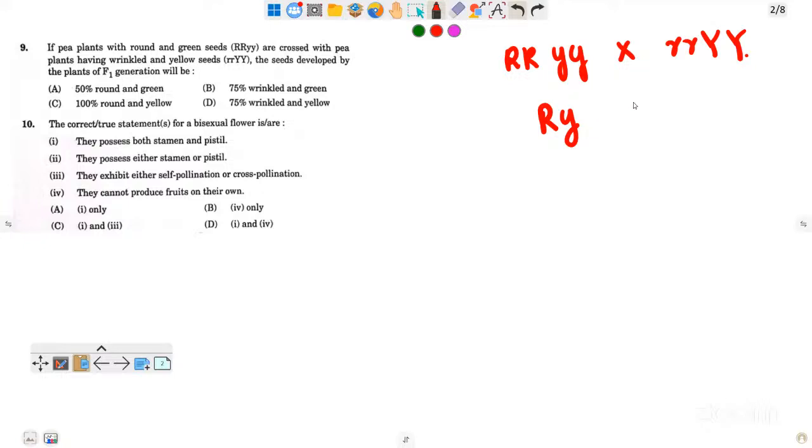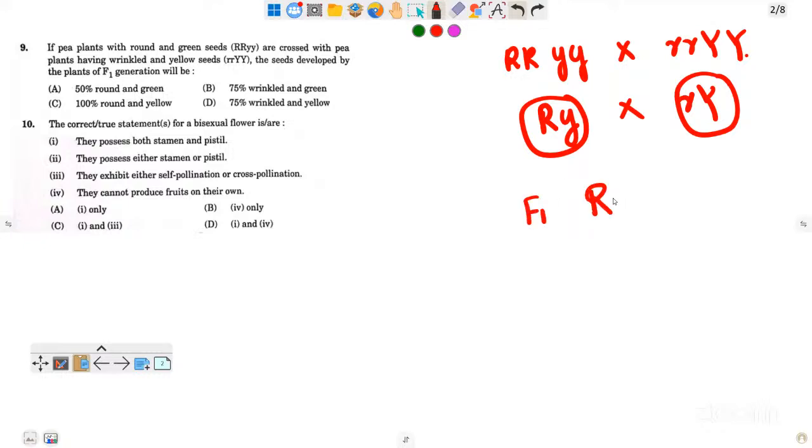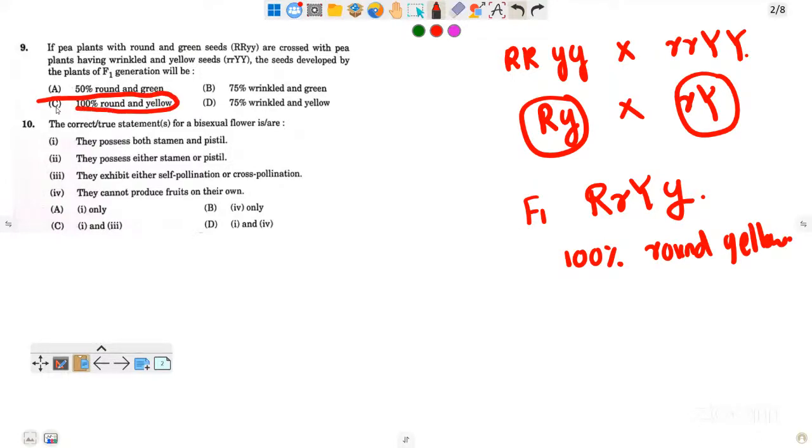Capital R, small y, and small r, capital Y. In the F1 generation, capital R, small r, capital Y, small y. Then what's the genotype? They are 100% round yellow. Here option C is the right answer.